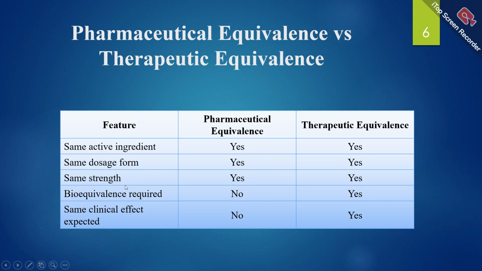If same strength also, then also pharmaceutically equivalent and therapeutically equivalent. And bioequivalence is not required in case of pharmaceutical equivalence, and if they are therapeutically equivalent, then it is required. And same clinical effect is expected. In case of pharmaceutical equivalence, no, we can't say. And in case of therapeutic equivalence, yes.